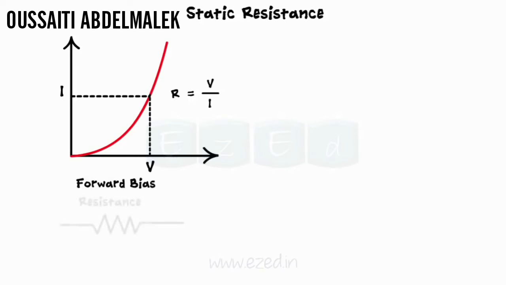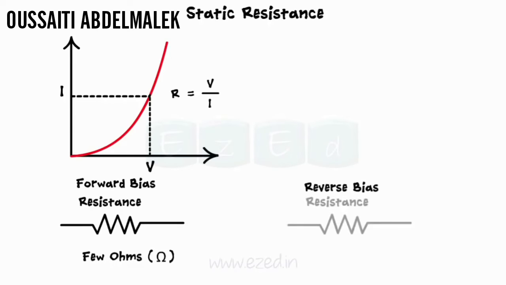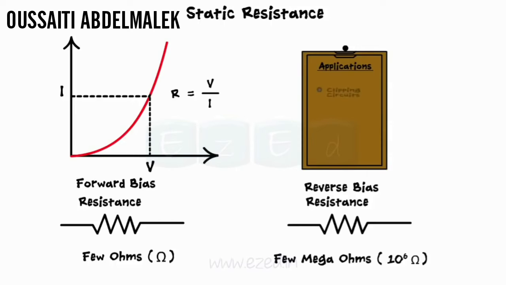Hence, as the diode starts conducting, its resistance value goes down. Thus, during forward bias, the diode has minimum resistance. On the other hand, this resistance takes a very high value of mega ohms during reverse bias. DC or static resistance plays a vital role in the analysis of clipping circuits or rectifier circuits.